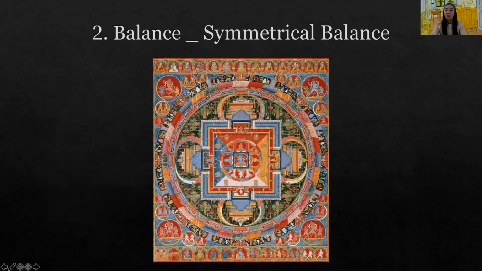So look at this pattern image. There is an imaginary vertical axis in the center of the image. And the left side of the vertical axis corresponds to the right side of the image. So this is called symmetrical balance.